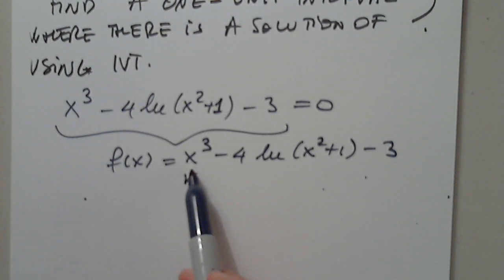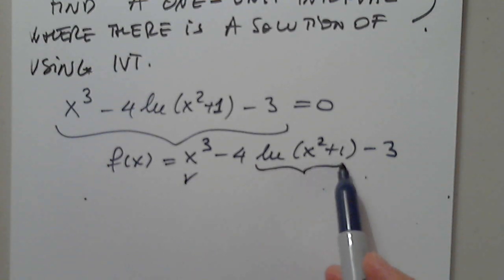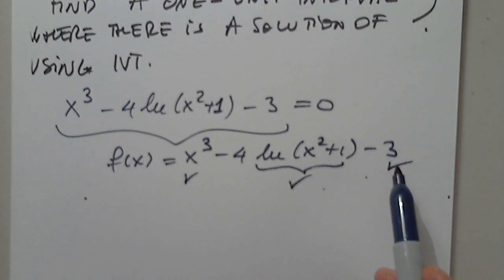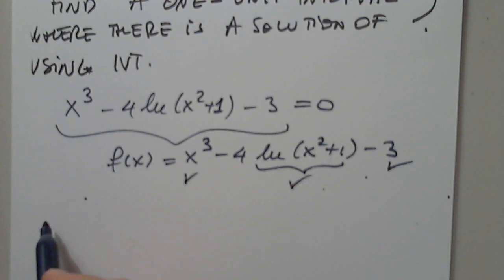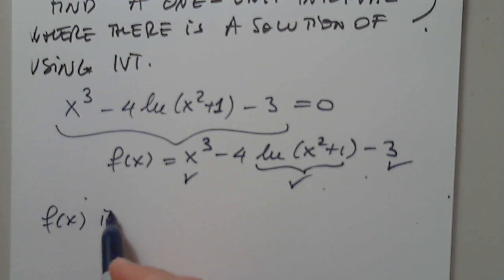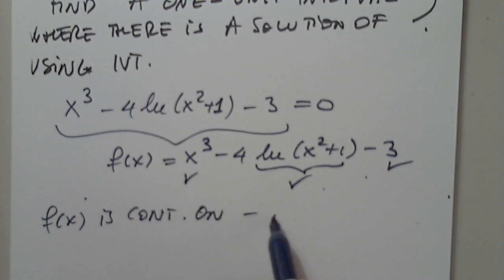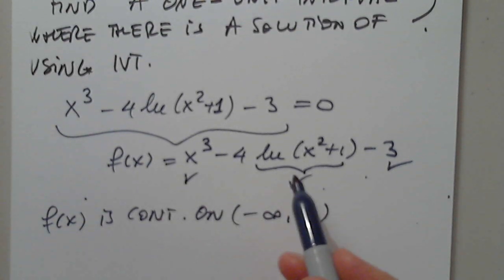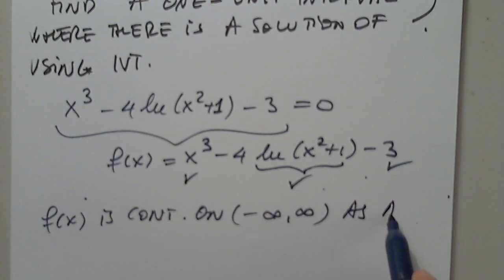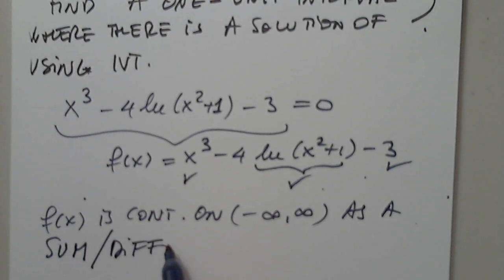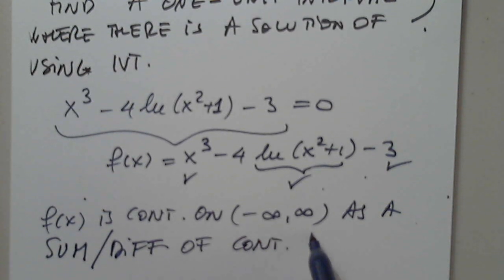It's a polynomial function, continuous everywhere, and x squared plus 1 is continuous inside the natural log, which is always continuous. So I will write f of x is continuous on negative infinity to infinity, as a sum or difference of continuous functions.